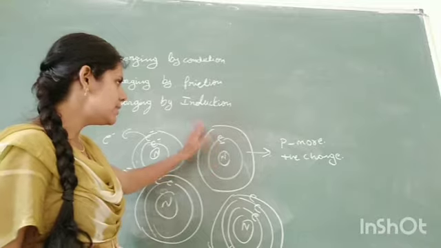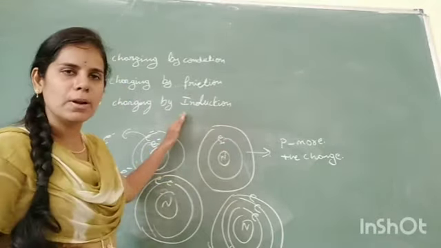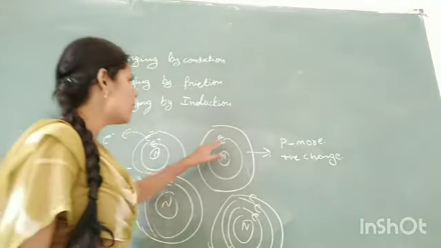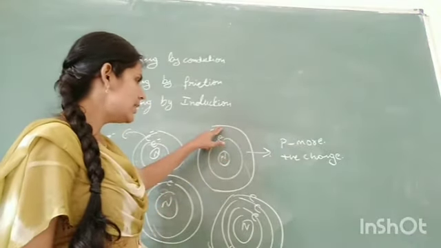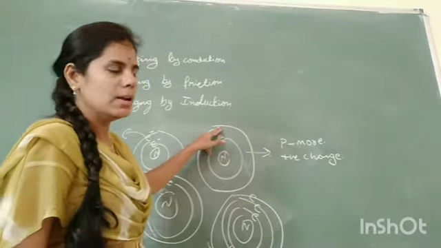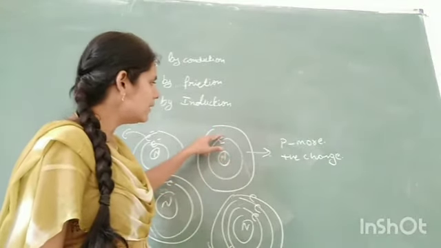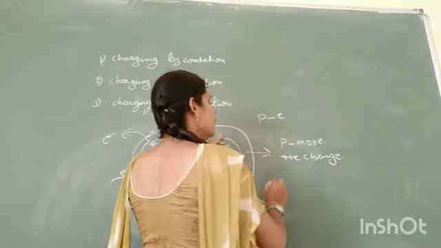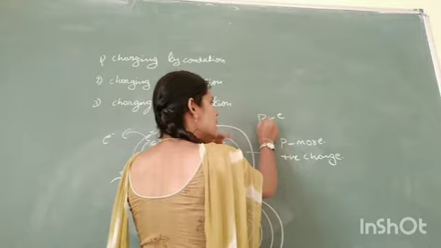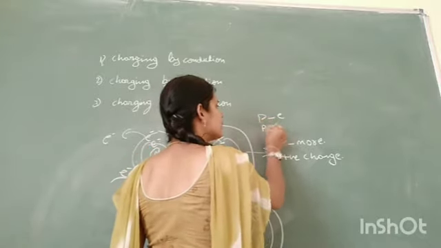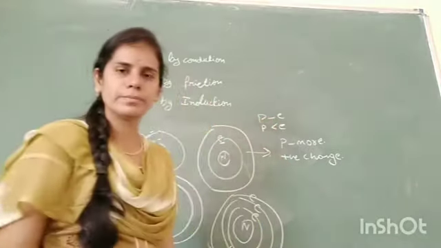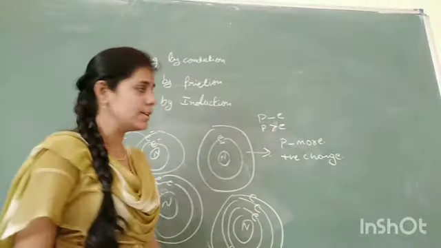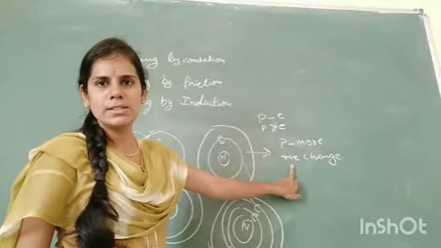For this nucleus, if I remove one electron by any of these methods, there is a deficiency of an electron, and the protons are more than the electrons. Clear, isn't it? Initially it is equal, but after removing, protons are more than electrons. Nothing but a positively charged body.